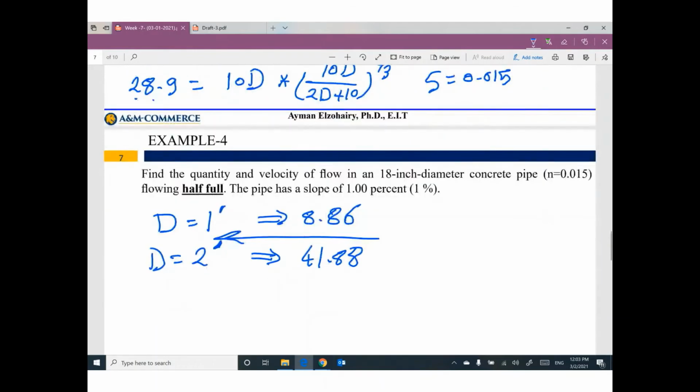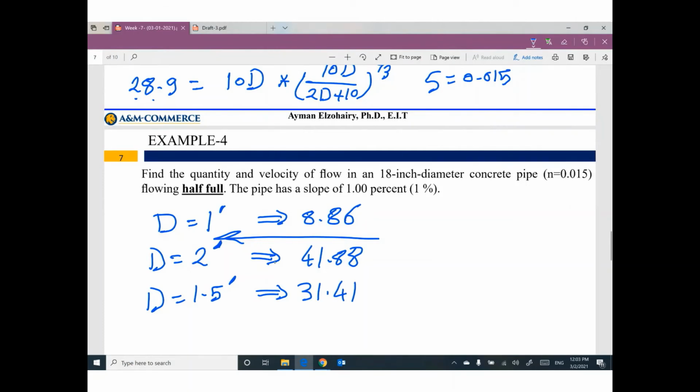Let's try depth equal 1.5. So 15 divided by 13 to power 2/3 times 15. We have 31.41. Wow.